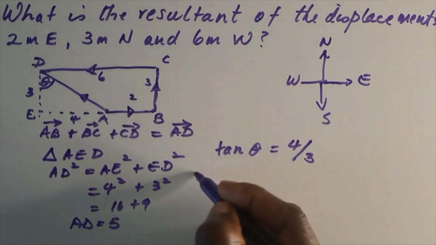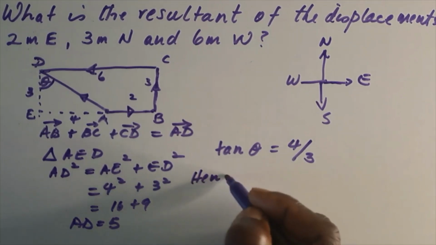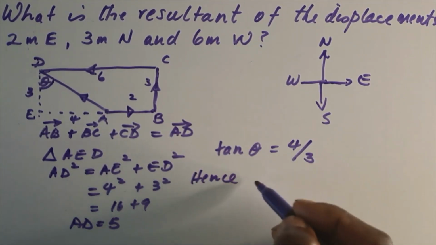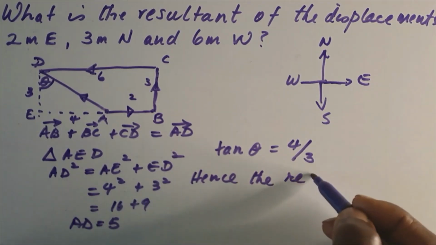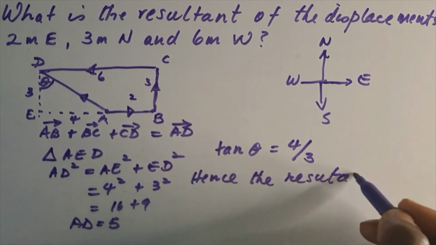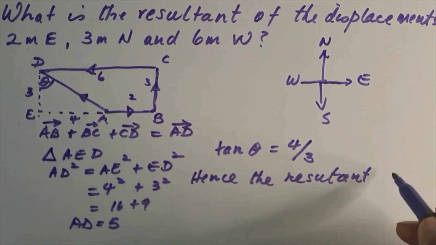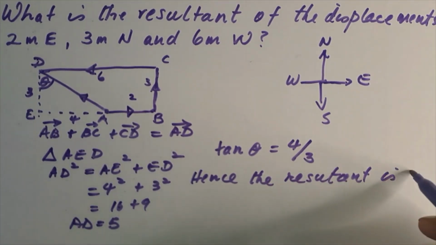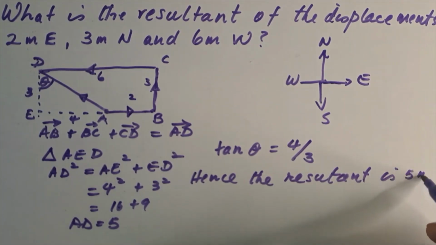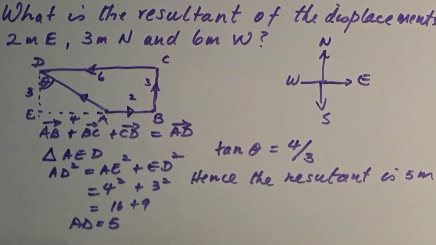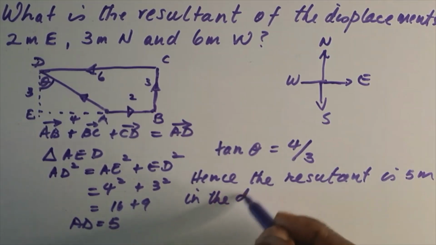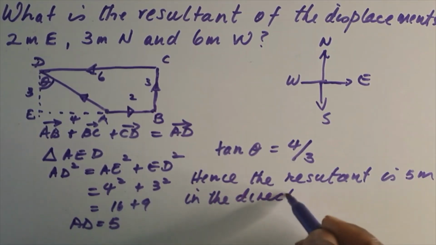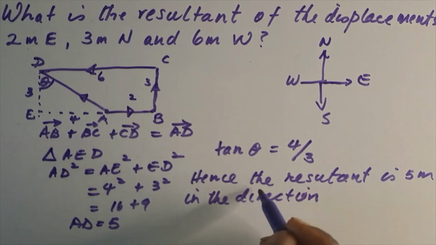So we can conclude hence that the resultant is 5 meters in the direction we have.